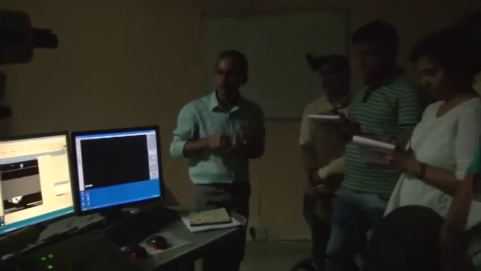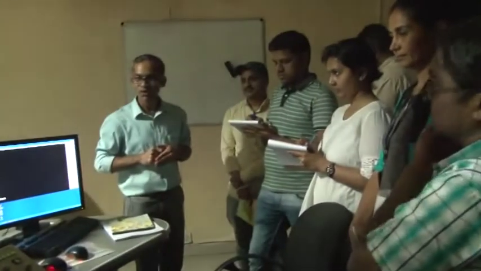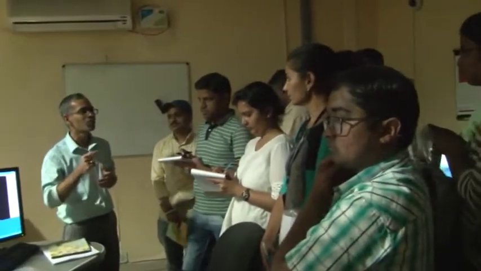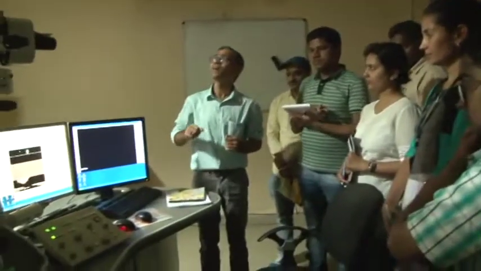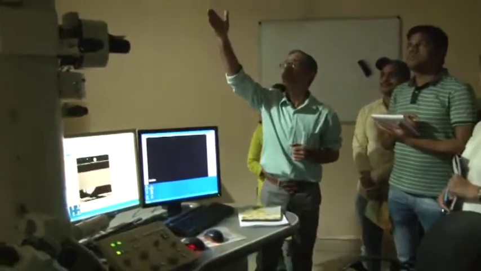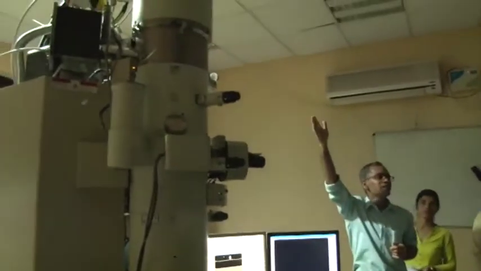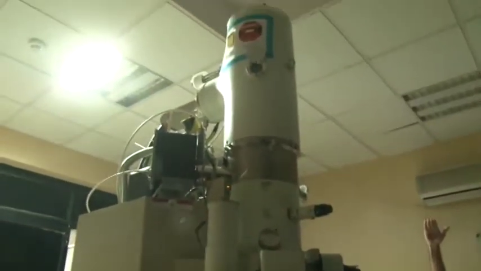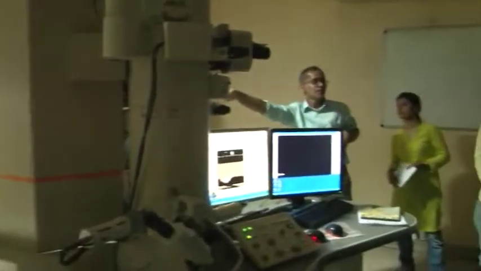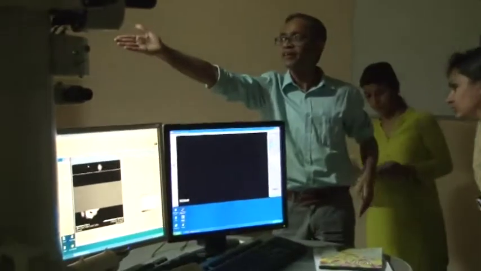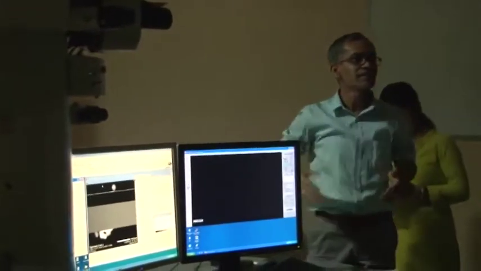Now explaining about the machine, it will be more or less a continuation of my lecture, the 30-minute talk that I gave. So if we look from the top, that top part which you see, the whole thing, is the gun. And if you see on the front, in the corner there is a huge tank, that big tank is called the high tension tank.